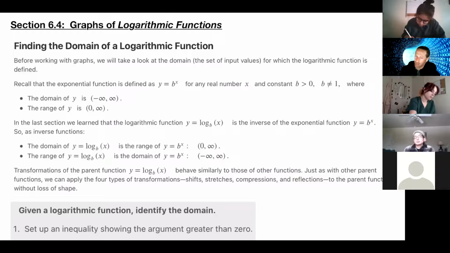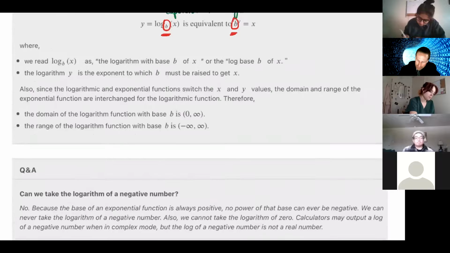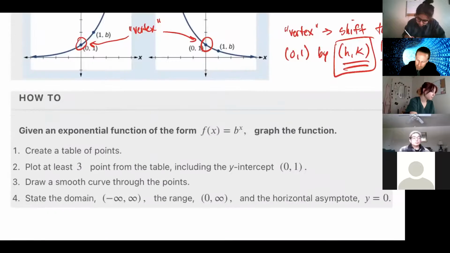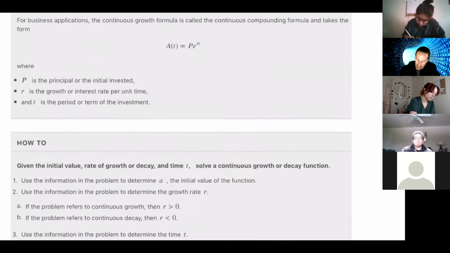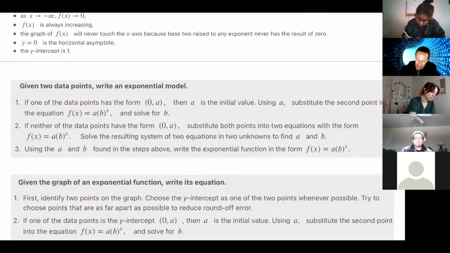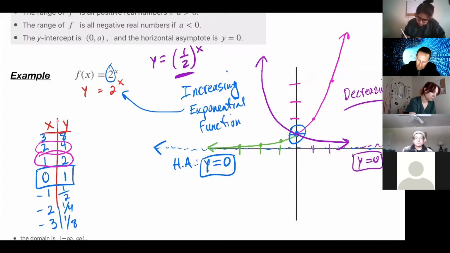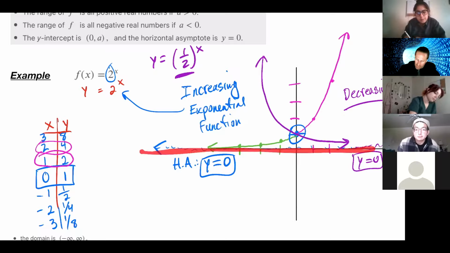But remember, when we graphed, let me go all the way back up top to these exponential functions. Exponential functions have a horizontal asymptote along the x-axis. What do we say logarithms are to exponentials? The inverse, which means if exponentials had this as an asymptote, what are logarithms going to have?